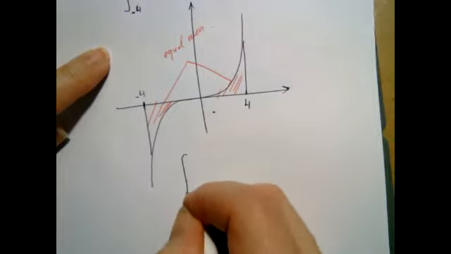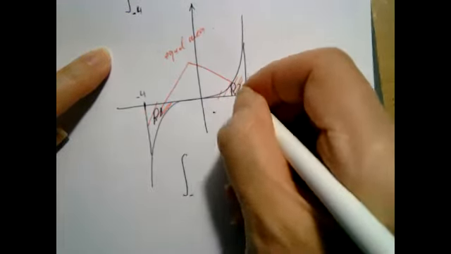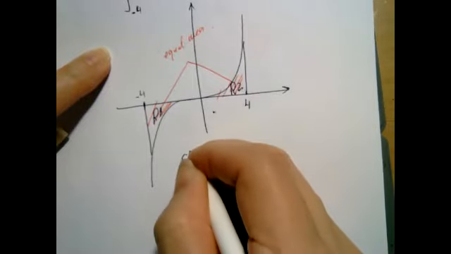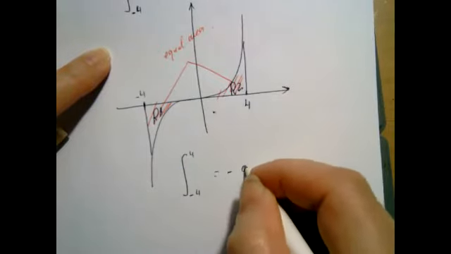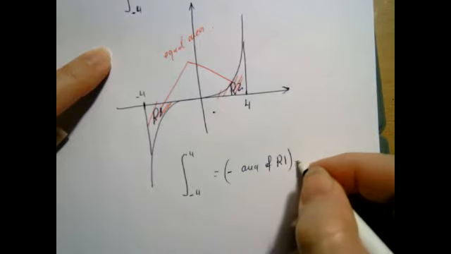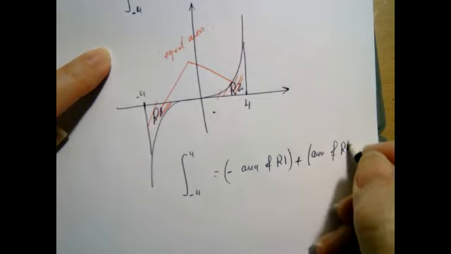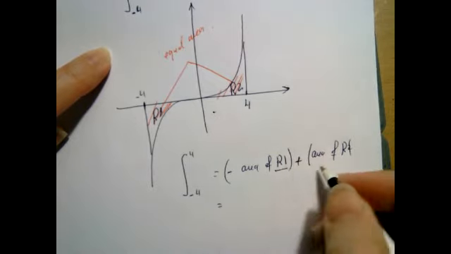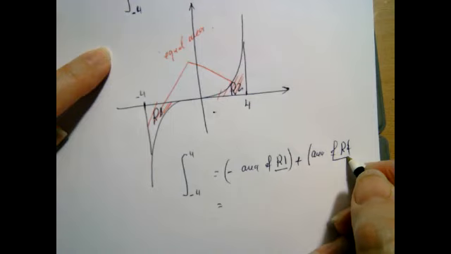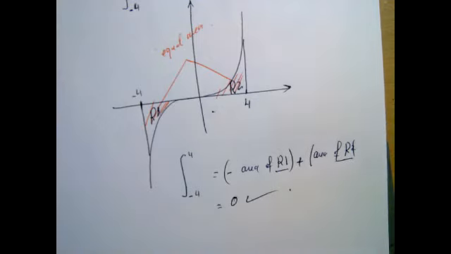If I call this R1 and I call this R2, the integral from -4 to 4 is minus the area of R1, because that's below the x-axis, plus the area of R2. But the area of R1 and the area of R2 are equal to each other. That's going to give me that the integral is equal to 0. Okay, so that's an example of those functions.